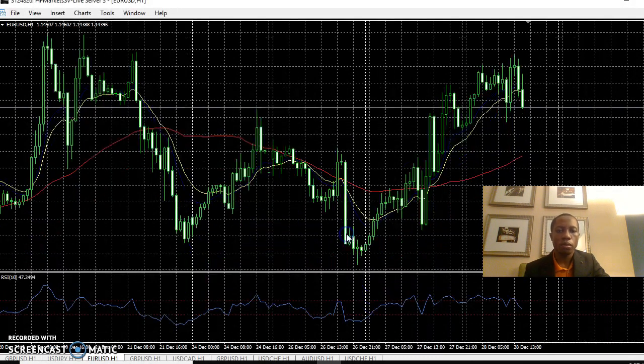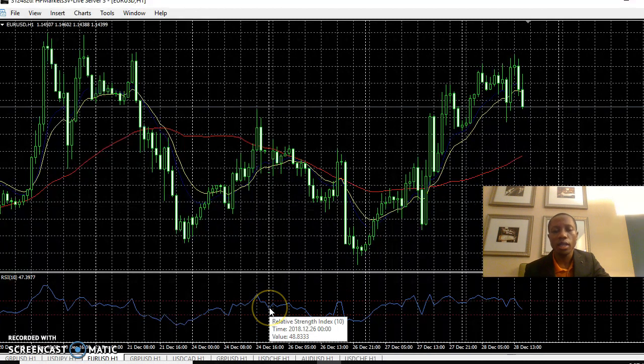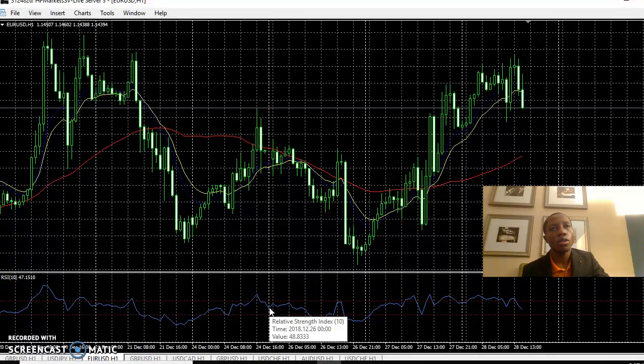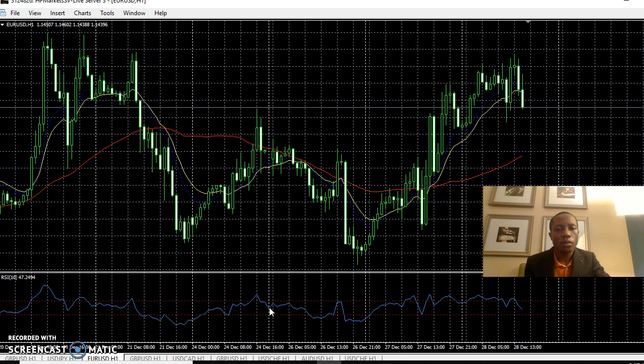Now you can see here, this is the relative strength index. The relative strength index represents the strength of the currency in the market as at that time. That's what the relative strength index is.